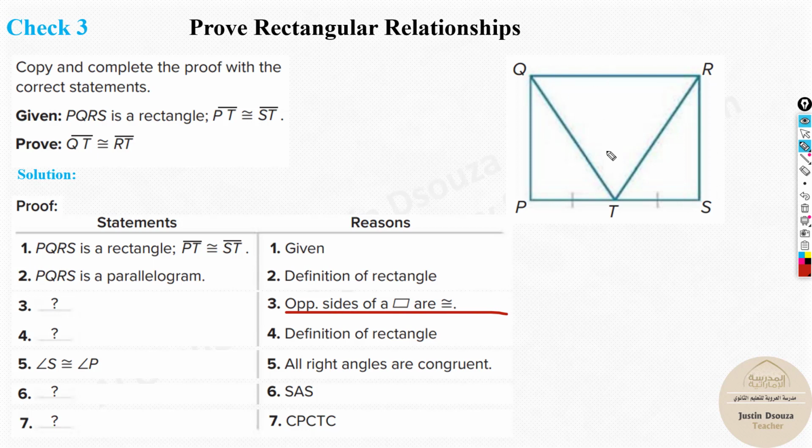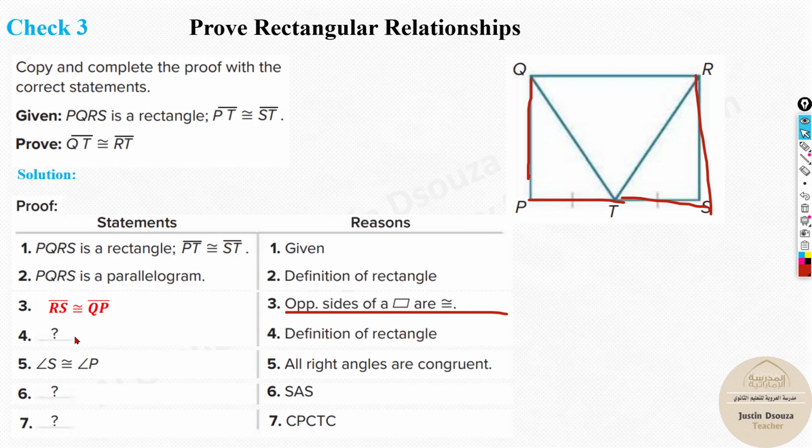Since we are dealing with this, we will use these two sides rather than this and this, because they are adjoining, opposite. So we can say RS and QP are congruent, they are the opposite sides. Now what is the definition of a rectangle?